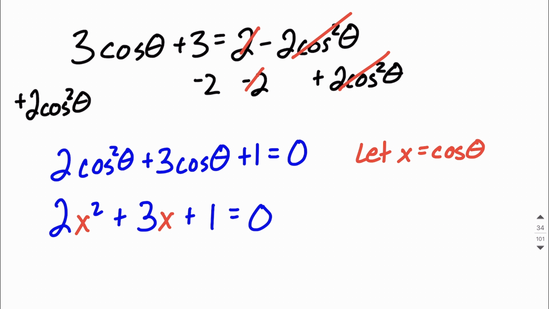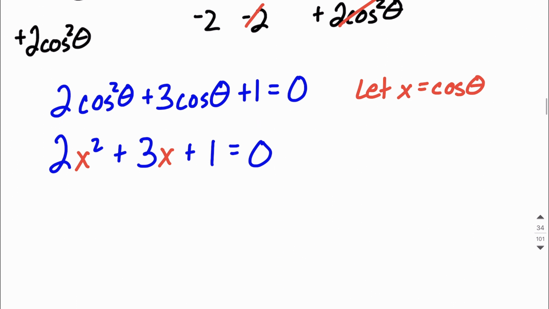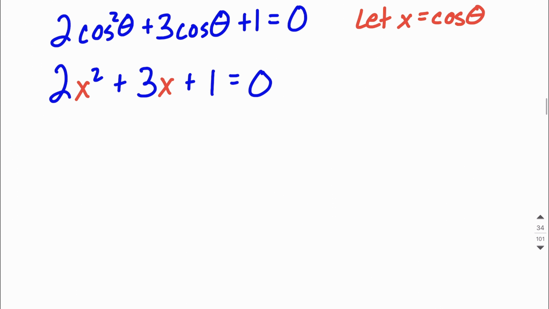You don't have to replace each of your cosine of thetas with x's, but a lot of students find this easier because the next step is we're going to try to factor what's on the left-hand side. And factoring, we're just more comfortable seeing that with x's.